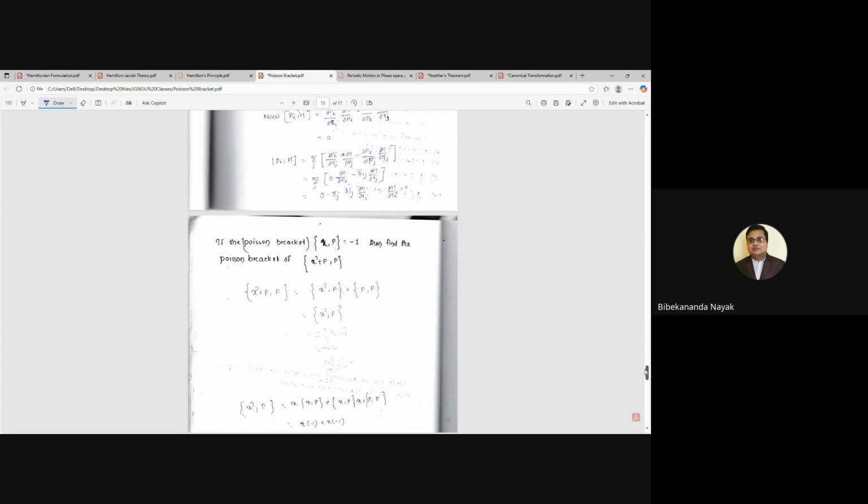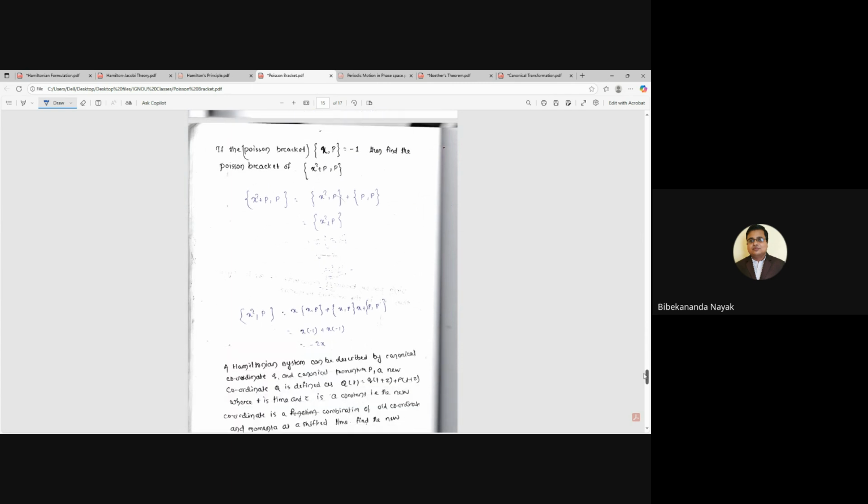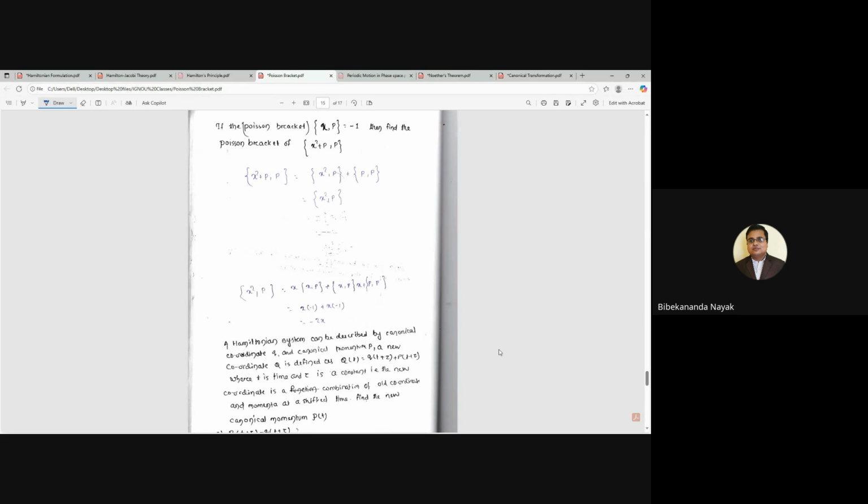If the Poisson bracket [x, p] is minus 1, then find the Poisson bracket [x square plus p, p]. Okay, x square plus p has two terms.